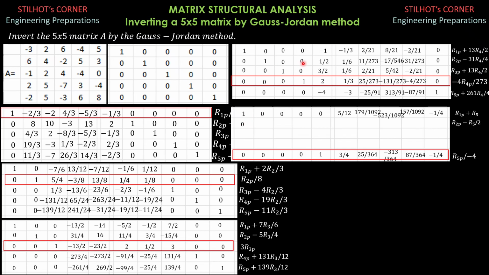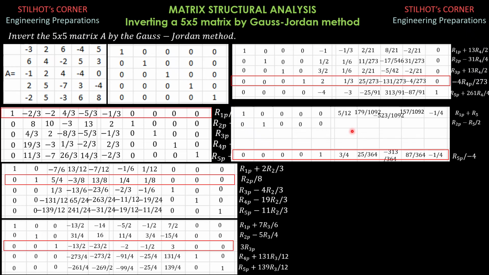And for row 2, let's make this 0. So row 2 previous minus row 5 divided by 2. So that this is still 0, 1, 0, 0, 0. Then 1/6 minus 1/2 of 3/4.